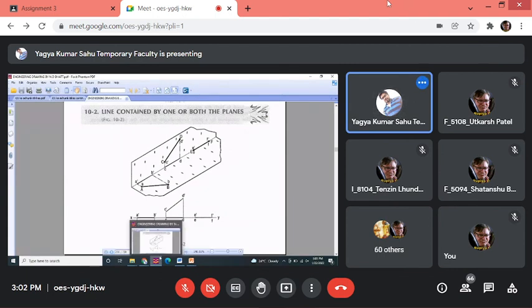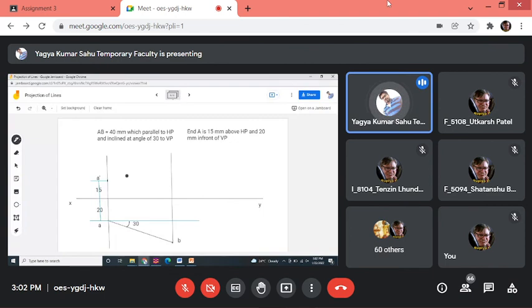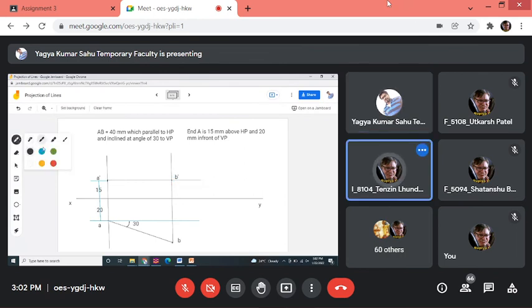Parallel to XY means if you draw a parallel line passing through this A dash, the intersection of this parallel line and the previously drawn projector line will give you B dash.